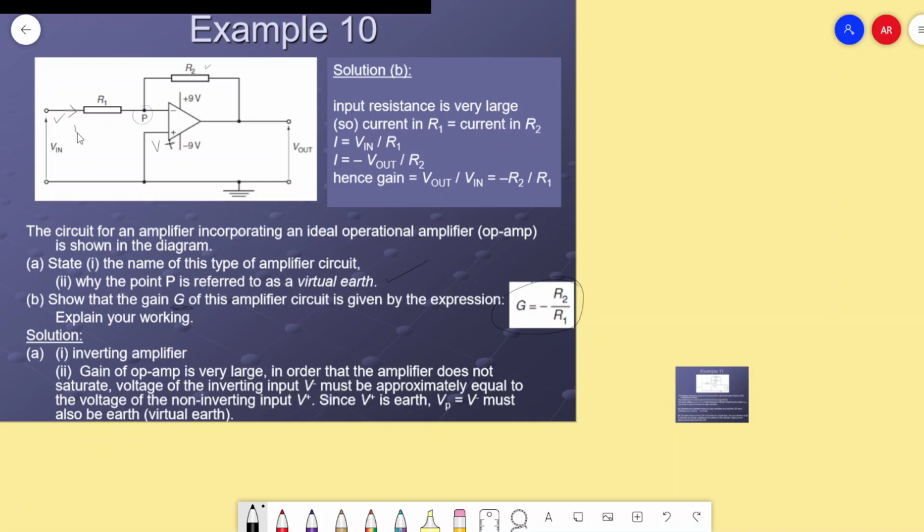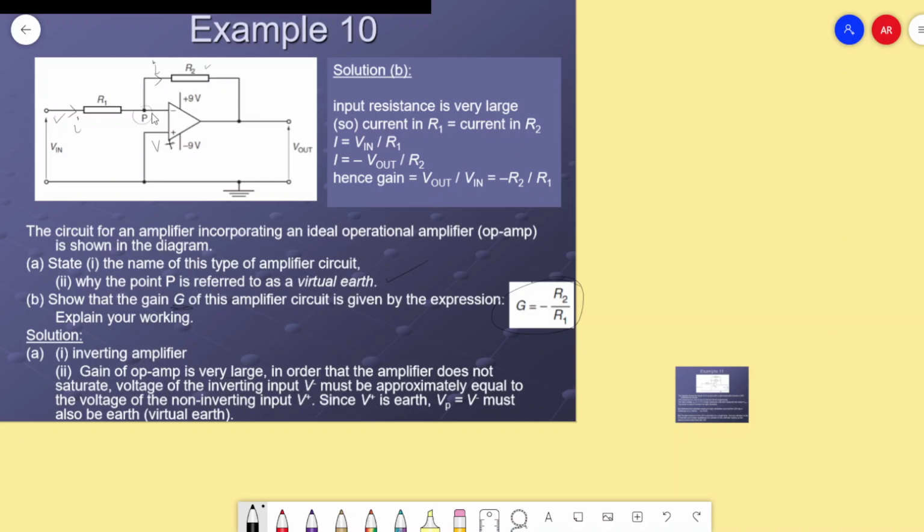We are going to see the current flowing through this R1 resistance, and this same current is flowing through this R2 resistance. No current enters into the amplifier because of having infinite input impedance. No current enters into the op-amp. So whatever current comes into P flows out of P. Kirchhoff's first law: whatever current enters into P, the same current flows out of P through this resistance R2.